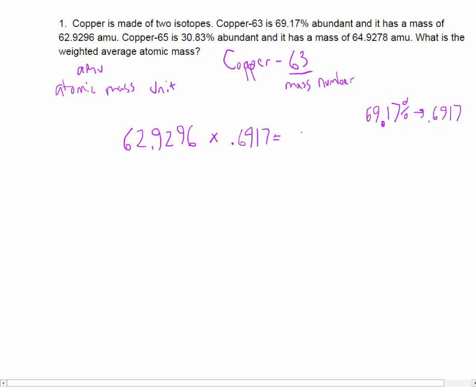You multiply that in your calculator, and you get a result of 43.53. And then the reason I use 4 numbers, and it won't matter if you use more or less, I won't ever count off for that, but I just use the smaller number of numbers that are in the numbers that I'm multiplying by.